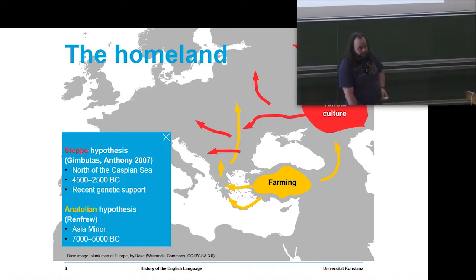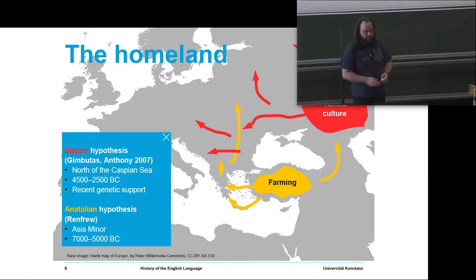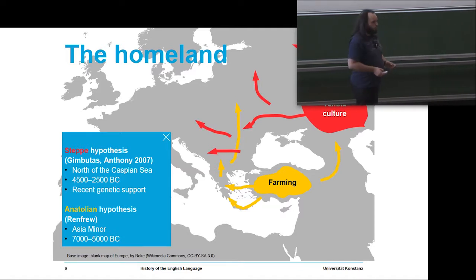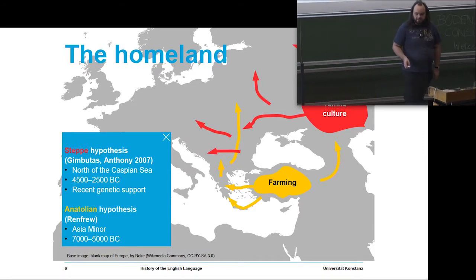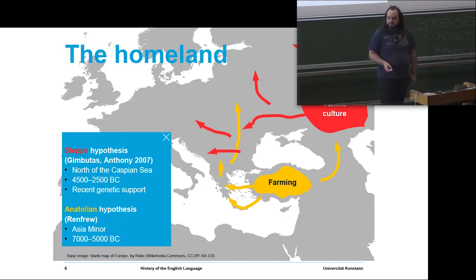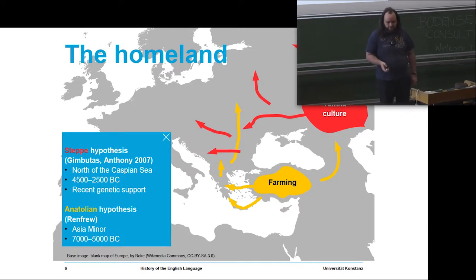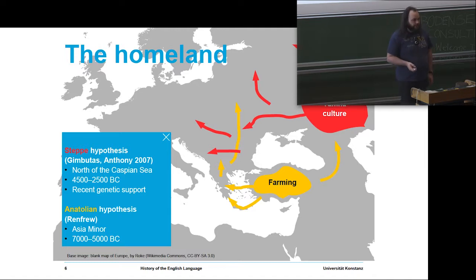Just a little bit more context first on the Indo-Europeans. So the Indo-Europeans, there was a language. We don't have any records of it, but we know it must have existed. We know that it spread at some point in prehistory. Exactly how and when it spread is a matter of some dispute.